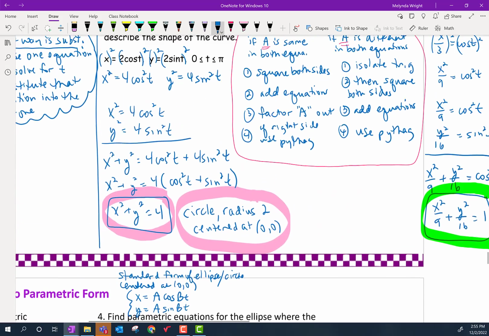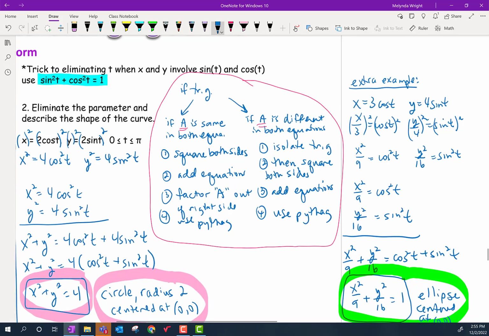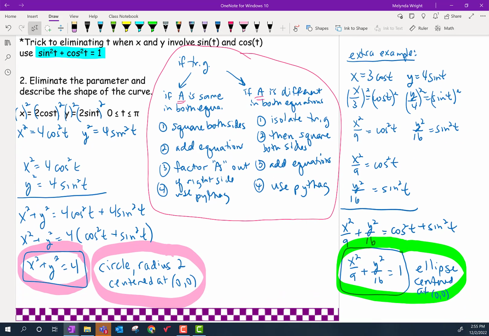Oh, let's look up here. If A is the same in both equations, it gave us a circle. Okay, so it's a circle. And if A is different in both equations, what did it give us? An ellipse. Gave us an ellipse.